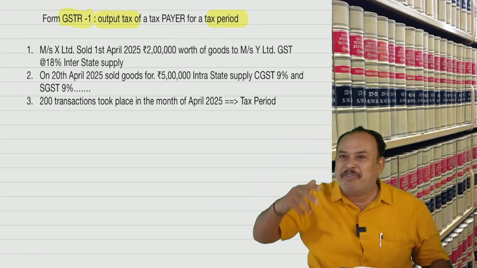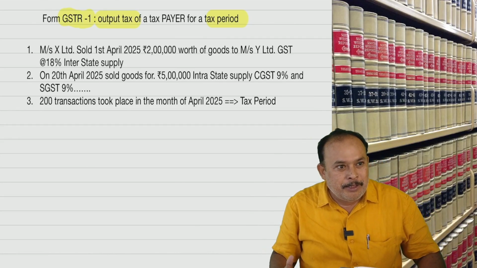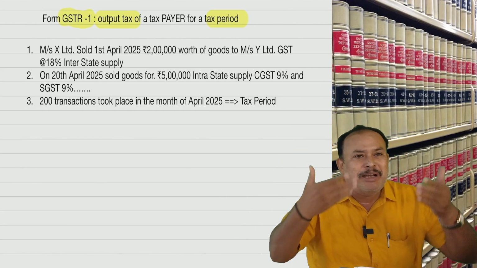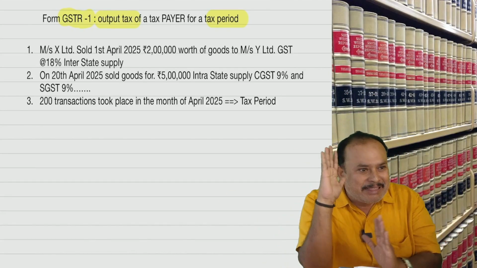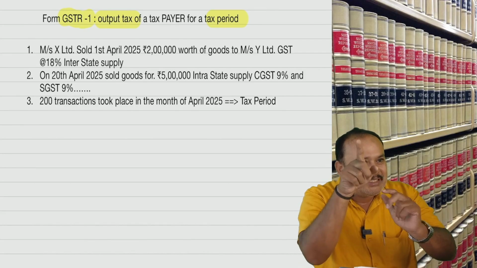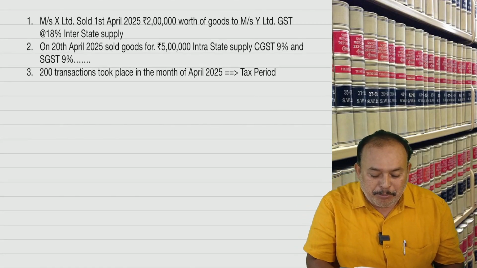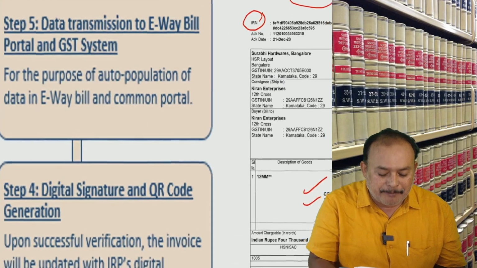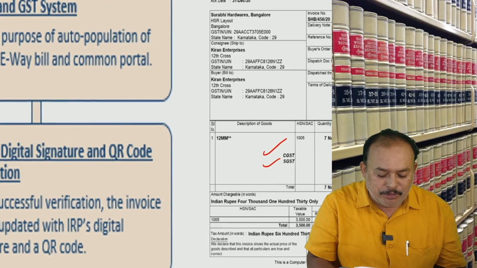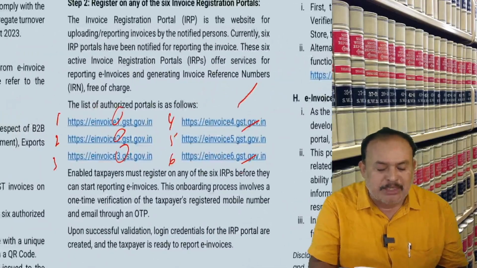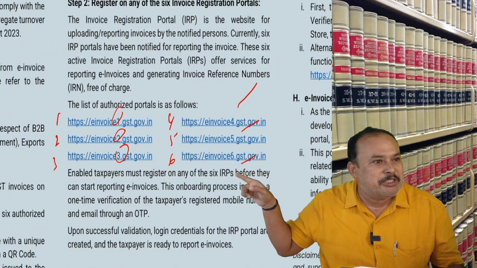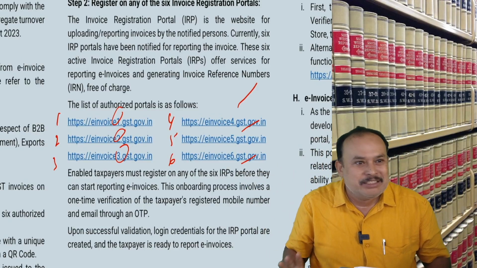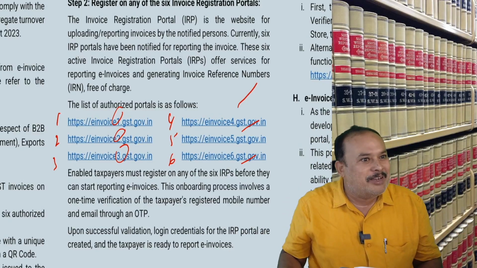If your transactions in a month are 20,000, for example, my dear, 20,000 sales you made, don't worry. For 20,000 sales, you might have raised the tax invoices. That tax invoice you process in the particular portal, in one of the 6 portals. The system will take care. Just upload the soft copies of all the invoices.